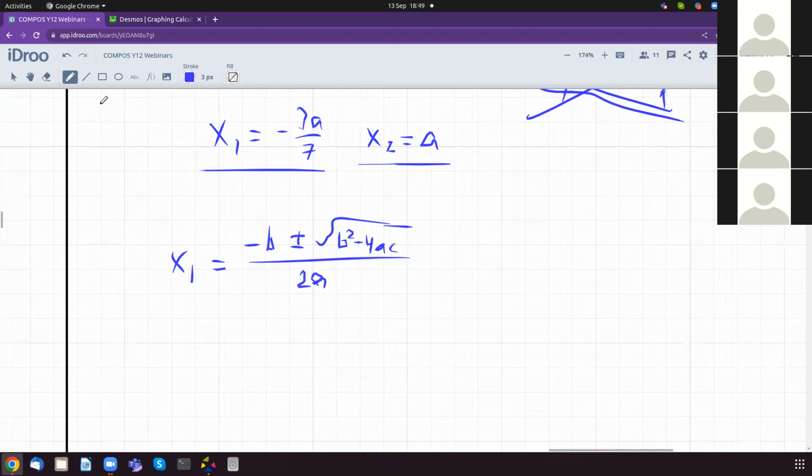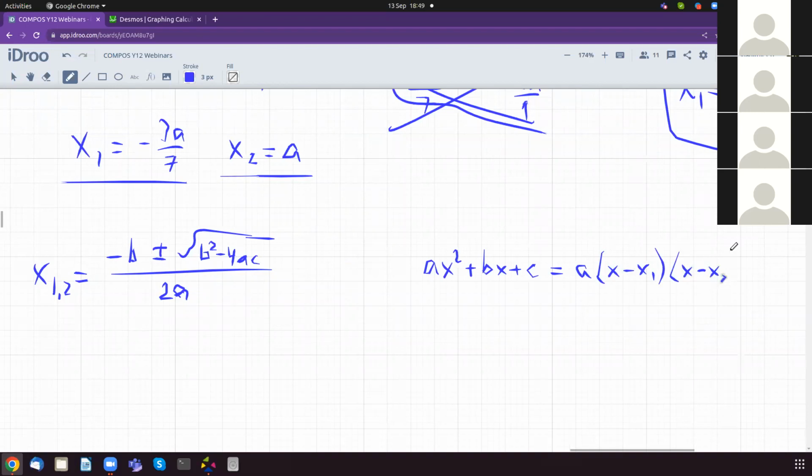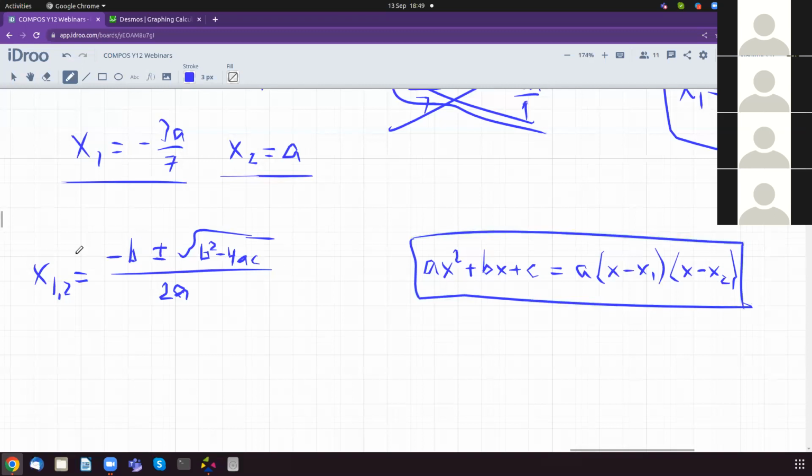And even when I did factorizing, I did it in a slightly different way. So ax squared plus bx plus c can be factorized like this: a times (x minus x1) times (x minus x2). So if I wanted to factorize something, even something very easy, I did this, and then I used this formula.